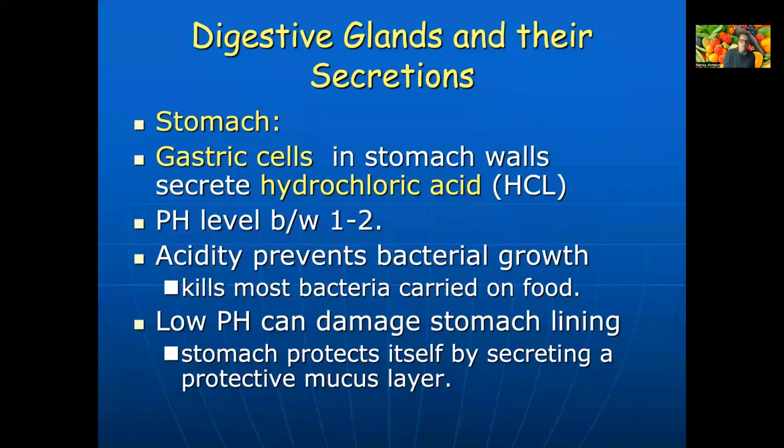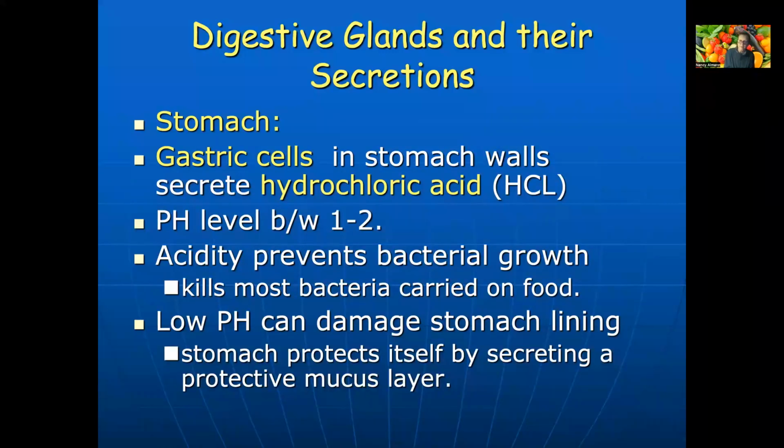The stomach has these structures which are known as pits. You'll hear about gastric pits when you take anatomy and go over the digestive system. Within the pits, you'll find various types of cells, some of which are going to produce and secrete hydrochloric acid.